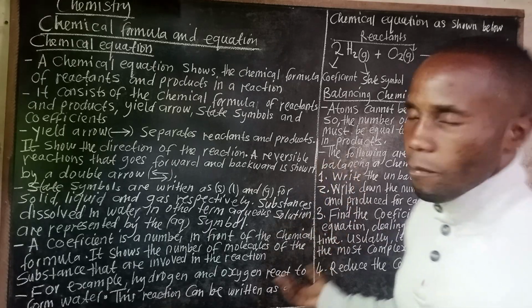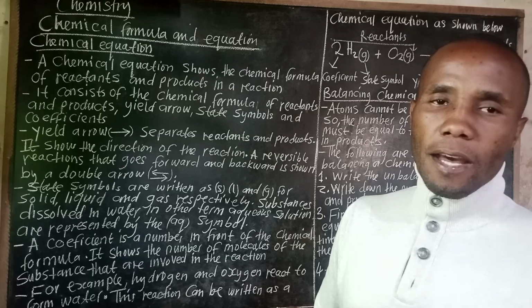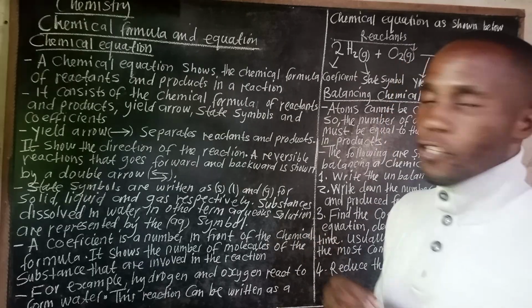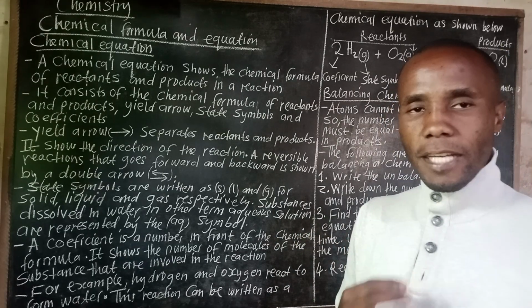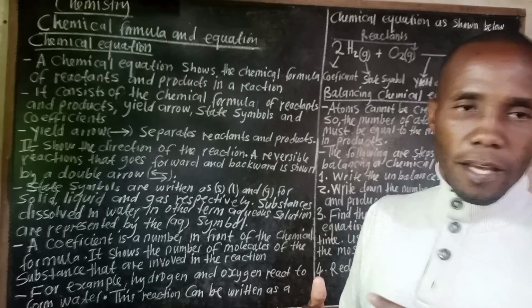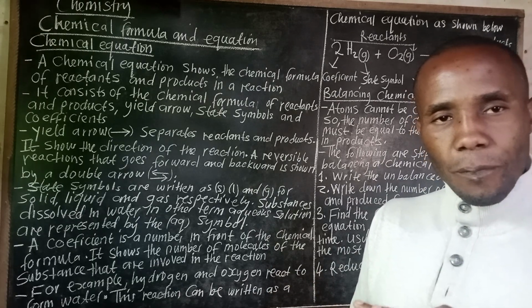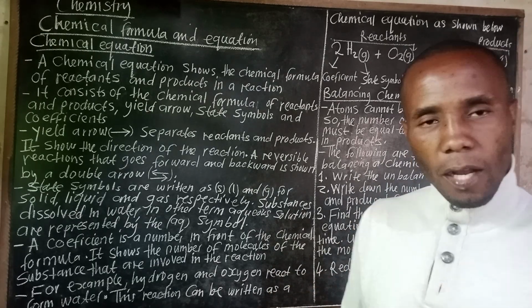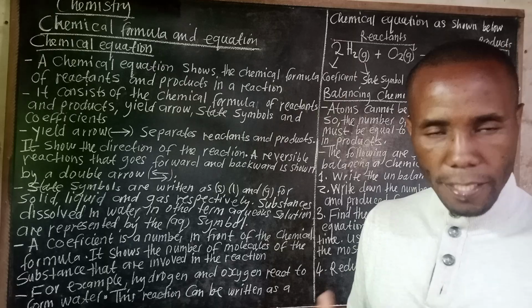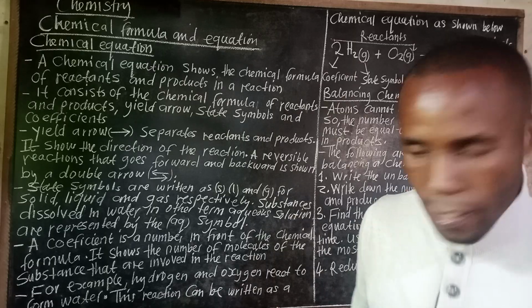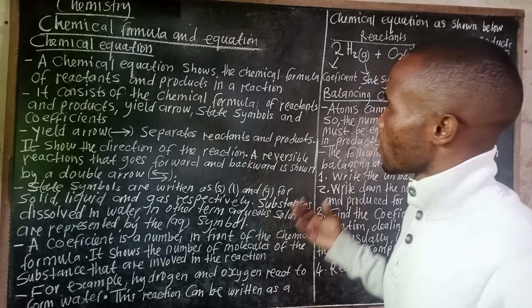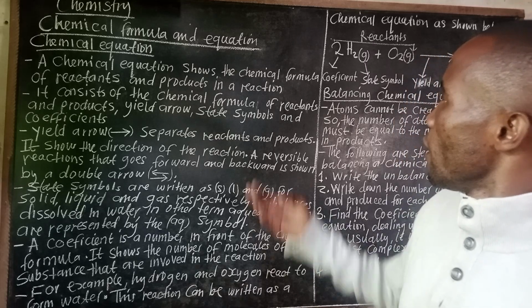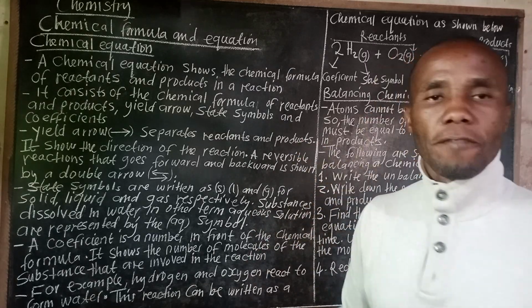Then state symbols. State symbols are just the symbols that show the state in which a given element, compound, or molecule is. They will always be there. Then the coefficients.